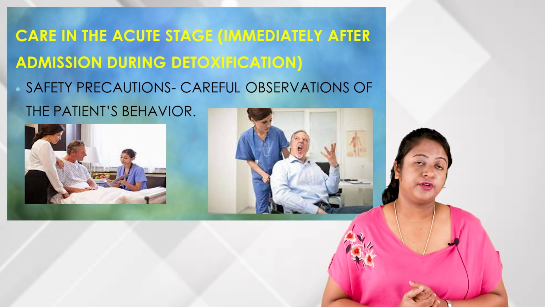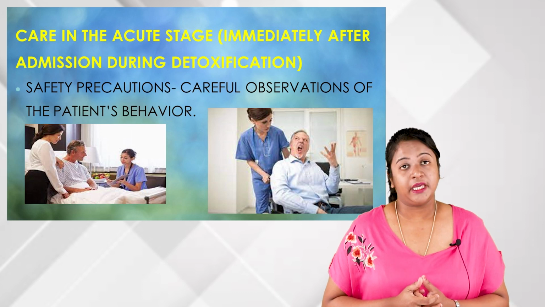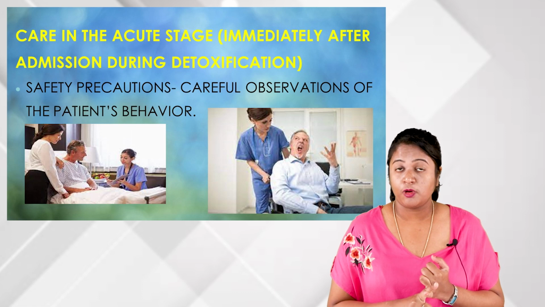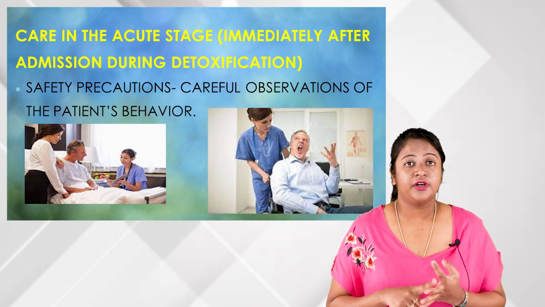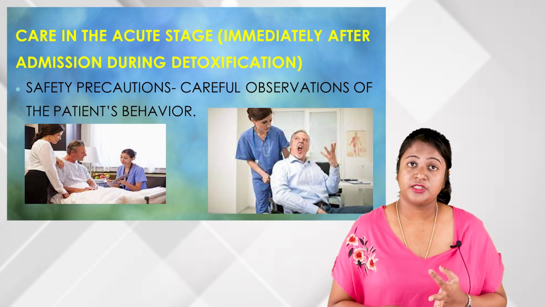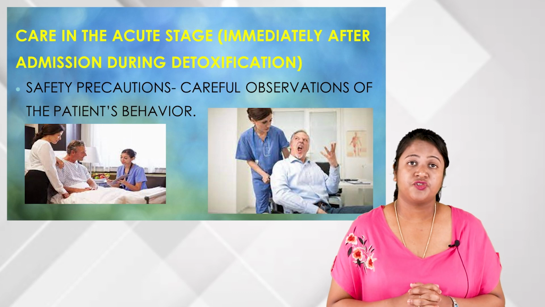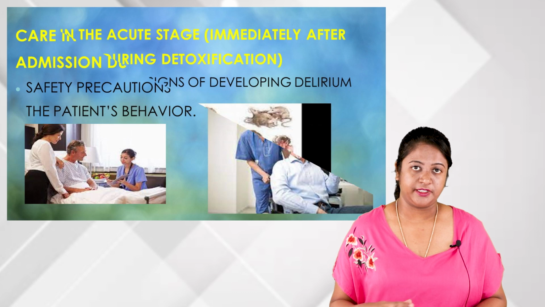He may, at any time, show self-harm behavior. So see to it that the environment is safe, away from all sharp equipment, ropes, and any kind of furniture with which the client can harm himself or others. All such things should be taken away, and the environment should be very safe for the client.